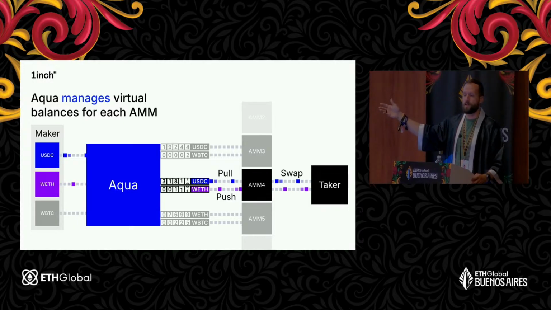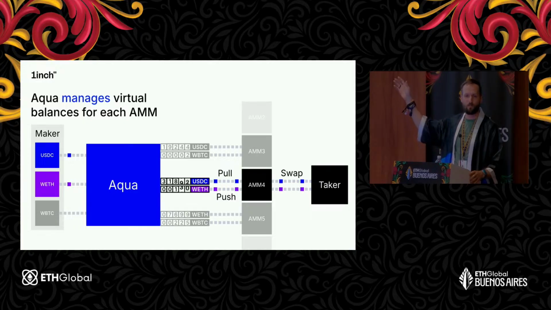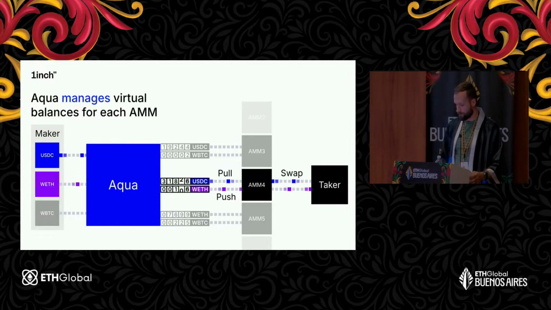At the next phase, it could pull wrapped Ether and push a lot of USDC. So this AMM is working within balances which are accounted for by Aqua. That's how a Maker can dedicate different virtual balances to multiple strategies, and Aqua acts as a security layer, a settlement layer, and a balance accounting layer for the AMM.